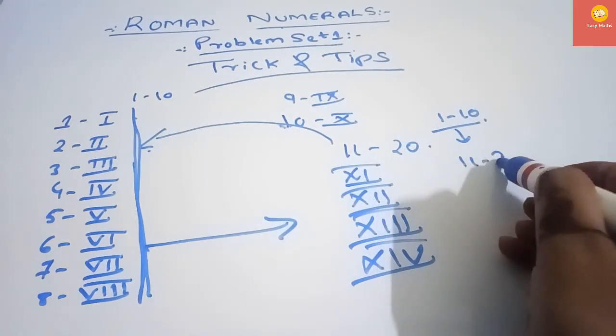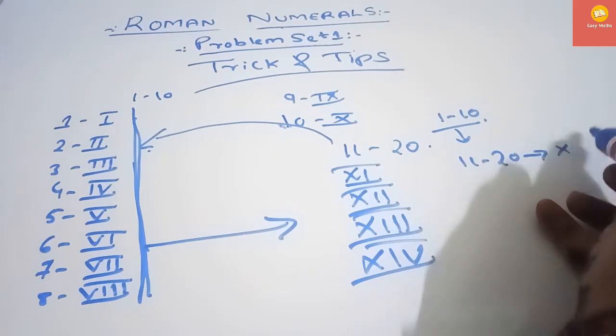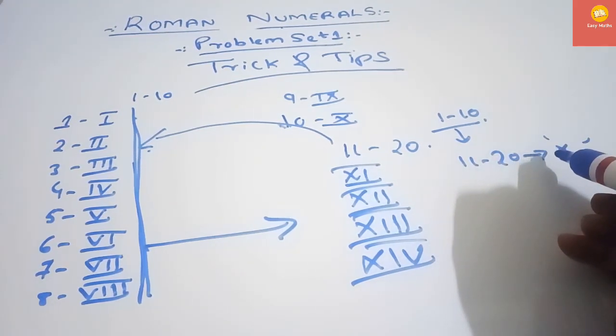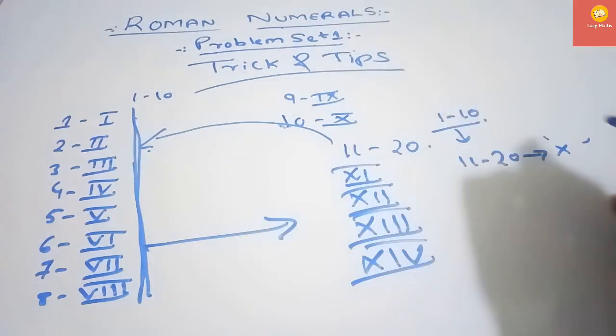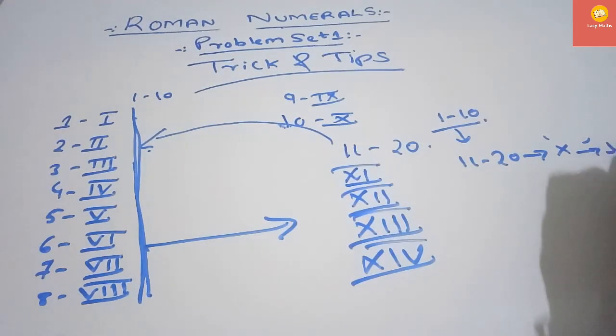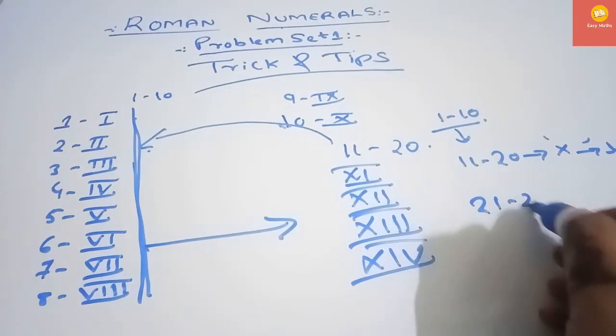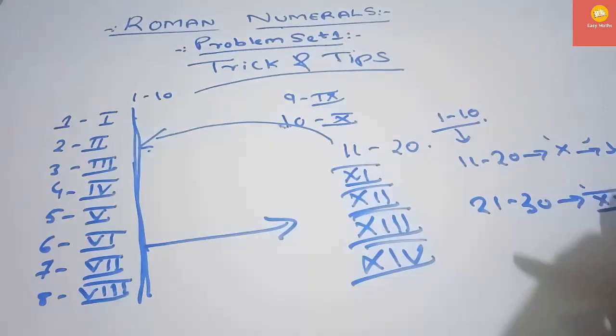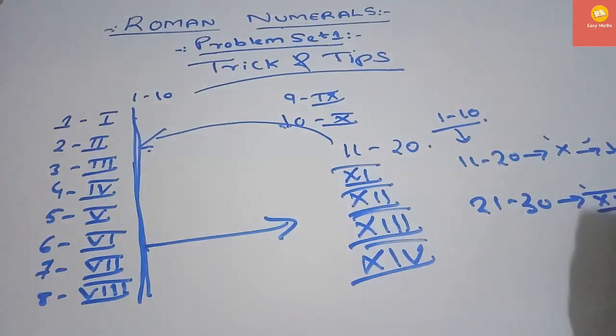From 11 to 20 just put 1 X in front. Okay, in front means on the left hand side. Where to put? On the left hand side. Okay, from 21 to 30 just put 2 X's, where? On the left hand side.